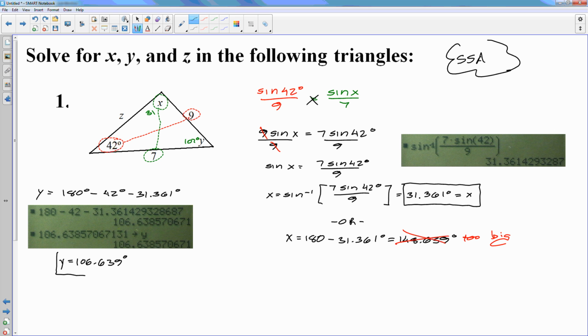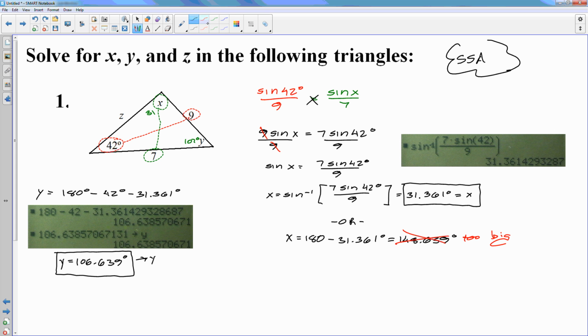And also, I am going to have to use y to solve for z. I'm going to have to do sine of that angle over z. So if you notice right here, I did store this for y in my calculator. So when I work this out, I can simply recall this exact answer for y by hitting the y button.